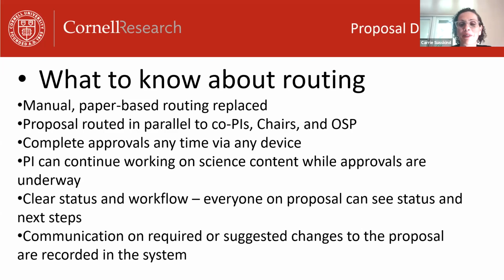So flexibility got us in a little bit of a pickle there when we first launched, but we're working through that. Approvals can happen anytime via any device, so people don't have to be on their computer. They can actually do those approvals from their phone if they needed to.